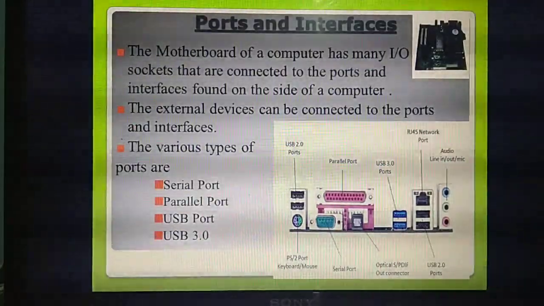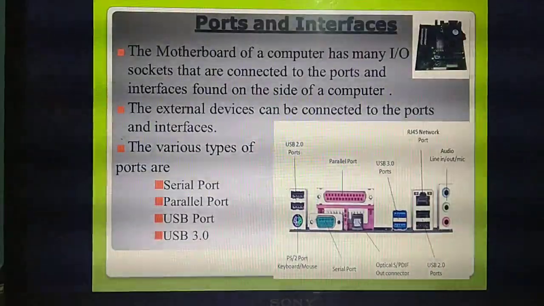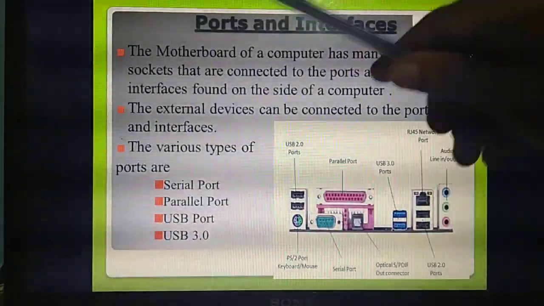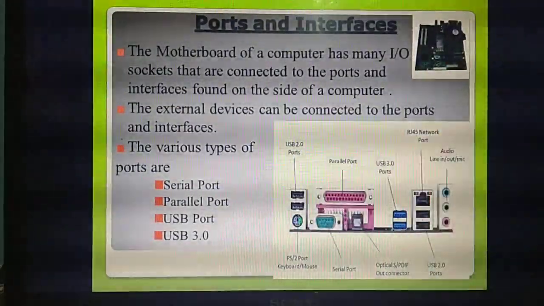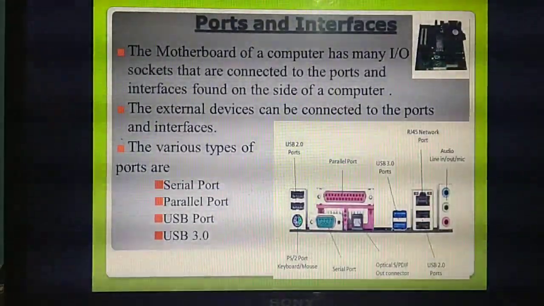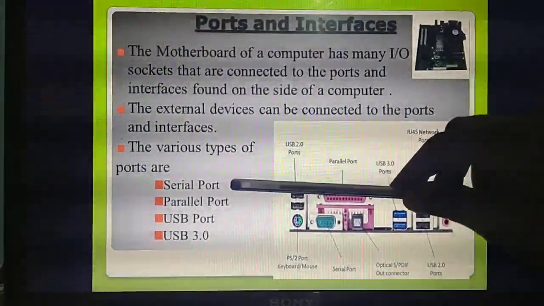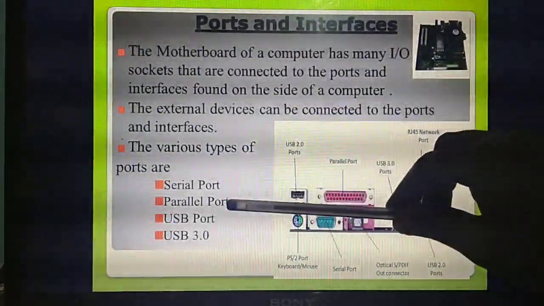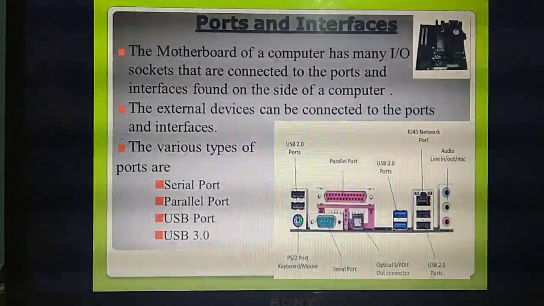So there are many kinds, very important question. There are many kinds of ports. What are the types of port? Serial port, parallel port, USB port and USB 3.0 port. In your book they have given 4 ports.